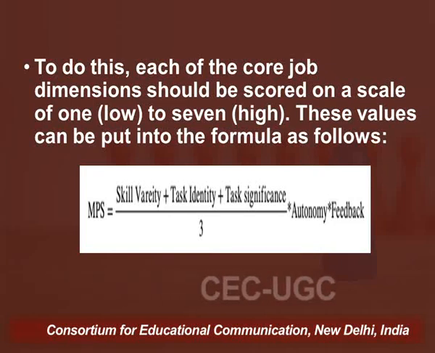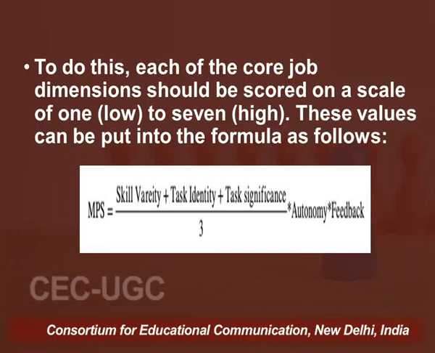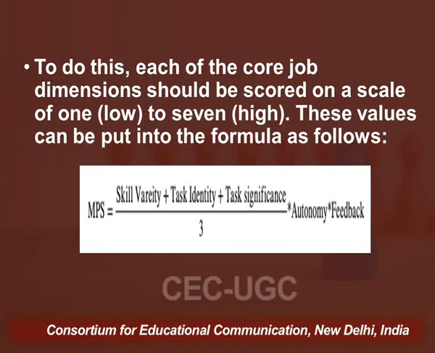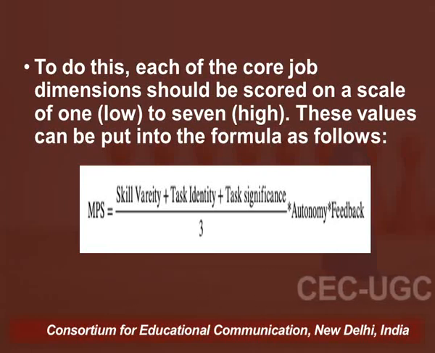So this is the formula for measuring the MPS, which is skill variety plus task identity plus task significance divided by 3 and multiplied by autonomy and feedback.